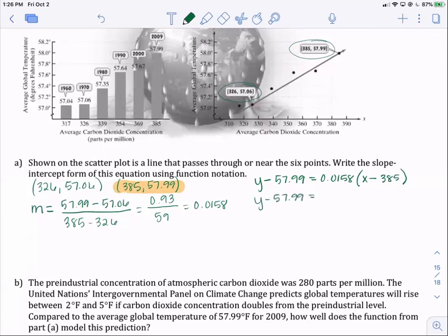Then we want to distribute. So we have 0.0158x and then minus 6.083. Then how do you get y by itself? Add the 57.99.